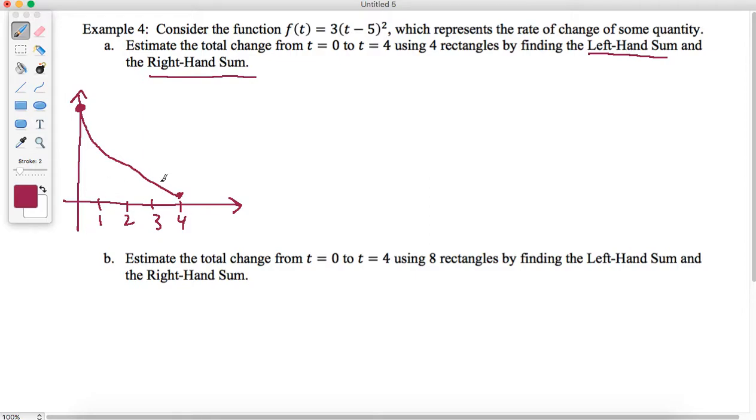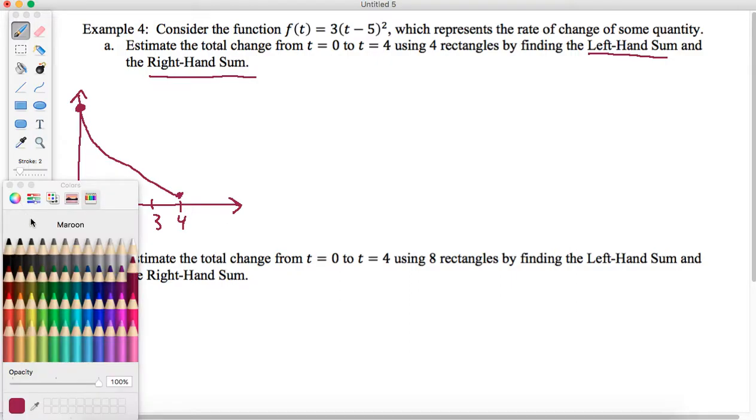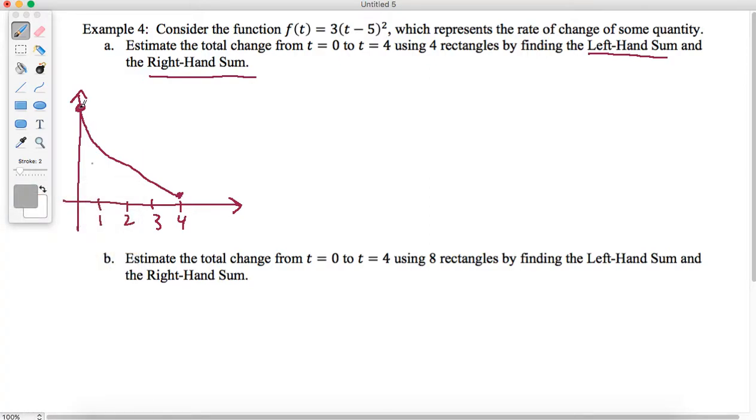When I have this 0 to 4, in order for me to use left hand sums, what I'm going to do is choose the leftmost endpoint and create my 4 rectangles on that interval using only the left endpoints. For instance, from 0 to 1, that's going to be one rectangle. From 1 to 2, that's going to be one rectangle. 2 to 3, that's going to be one rectangle. And 3 to 4, that's going to be one rectangle.